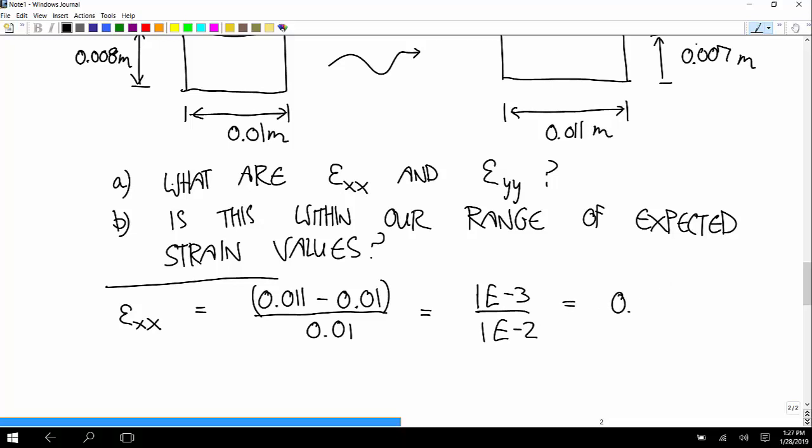And so we get 0.1. Even though that doesn't look like a very big deformation, that's over 100 times bigger than a deformation that would be reasonable for steel if you still expect to have linear stress-strain behavior.